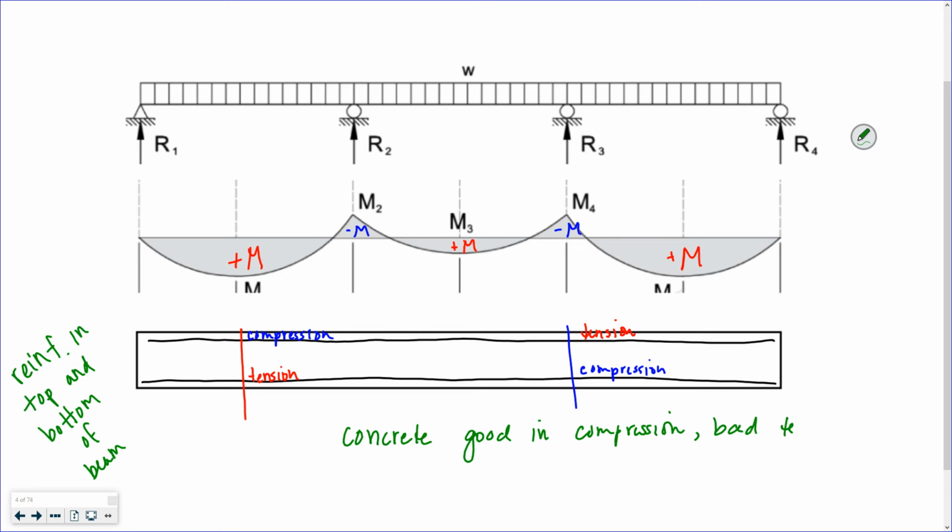If you remember from the stress strain curve. So that is the purpose of the steel reinforcement. The steel reinforcement is going to carry the tension loads.